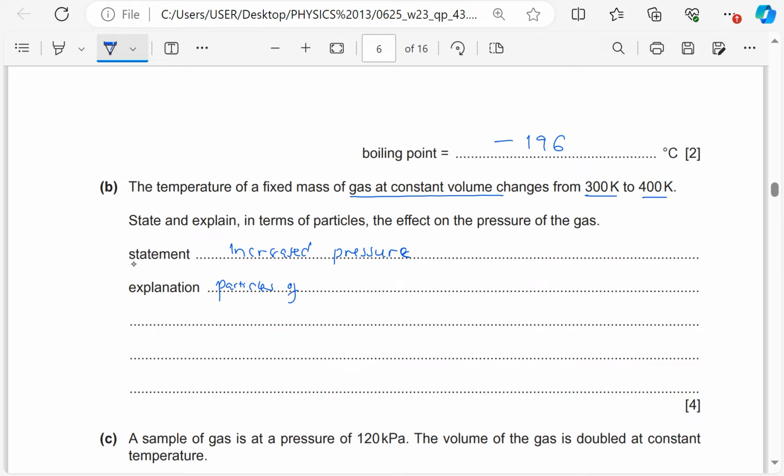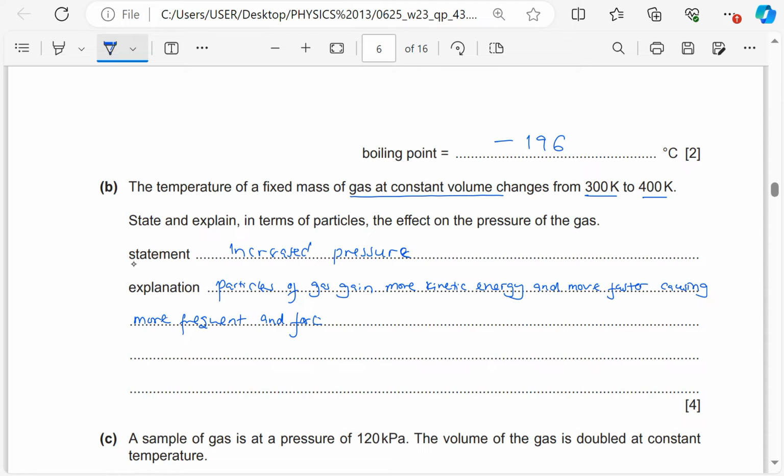The particles of the gas gain more kinetic energy and move faster, or we say they gain more velocity, causing more frequent and forceful collisions.